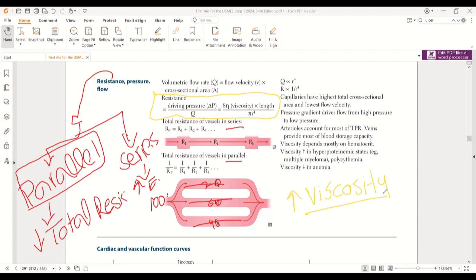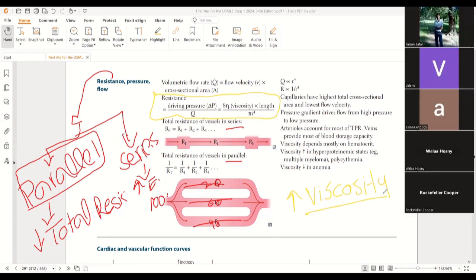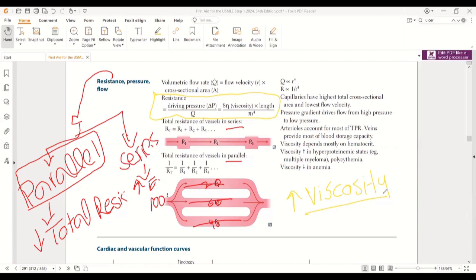In which conditions is viscosity increased? Polycythemia rubra vera, polycythemia, and hyperproteinemic state. And in which condition is viscosity decreased? Anemia. So the viscosity is mainly dependent on hematocrit.